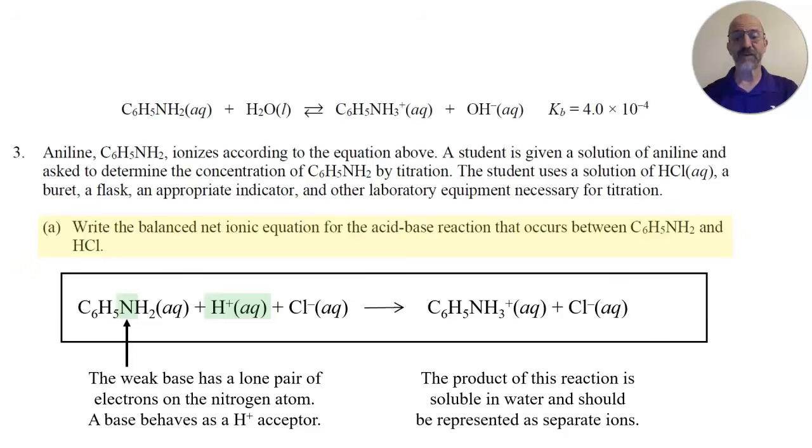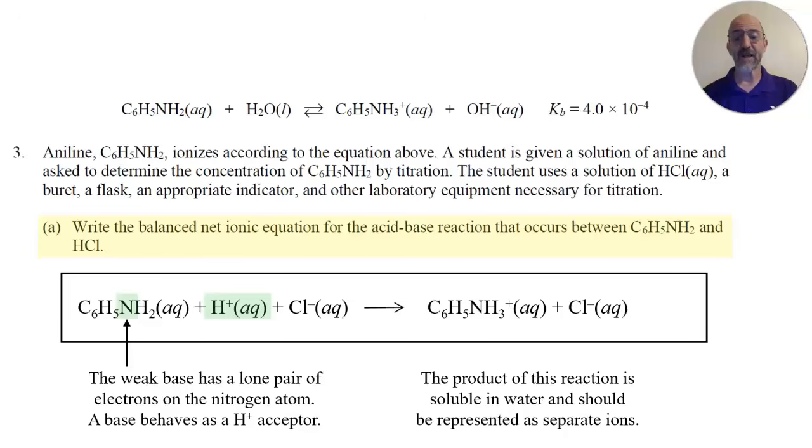Now, you might be watching this video and saying, how do you know that that was soluble? There's no soluble spectator ions like sodium or potassium. Well, this is an acid-base reaction. So on the AP Chemistry exam, you can assume that the majority of acid-base reactions take place in aqueous solution. This is not a precipitation reaction.